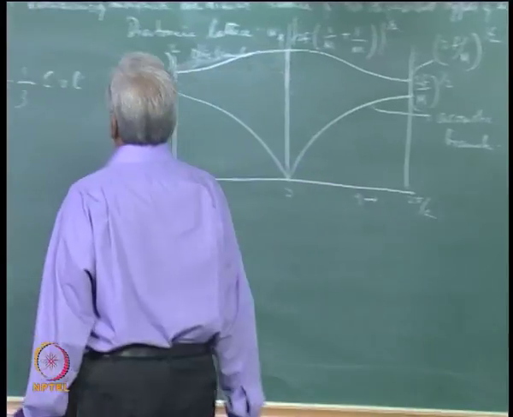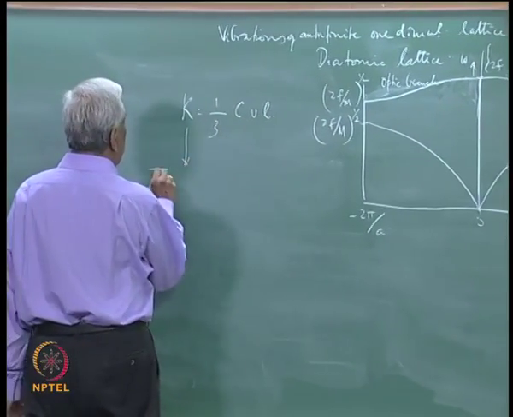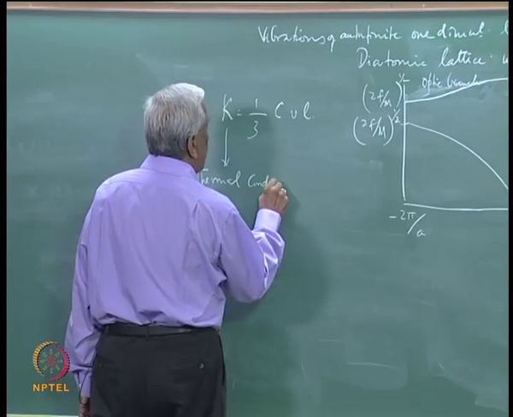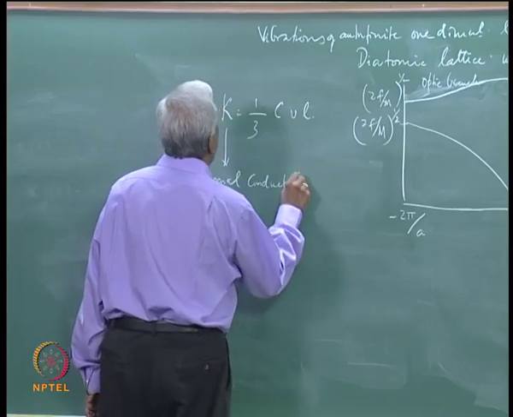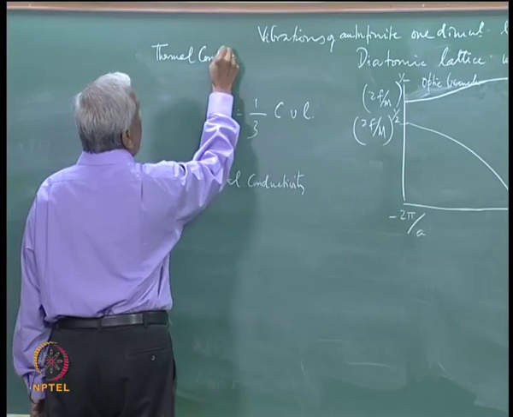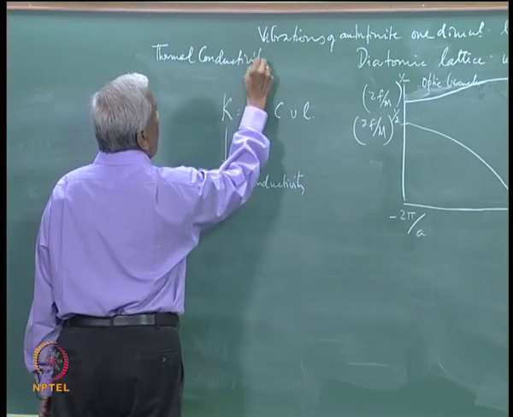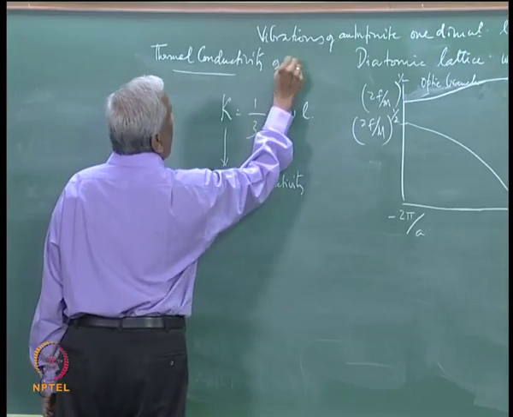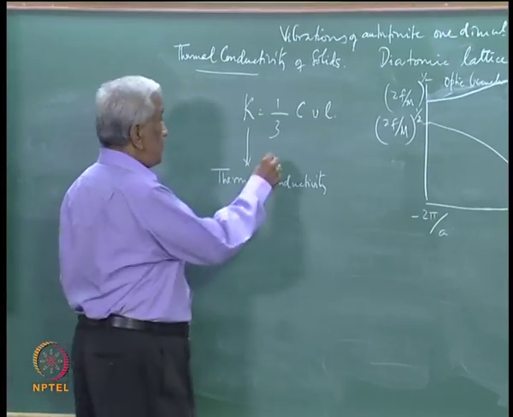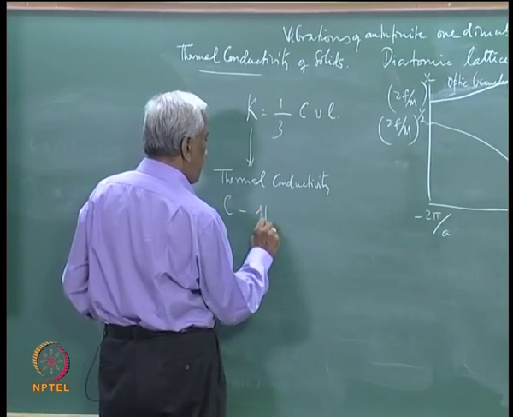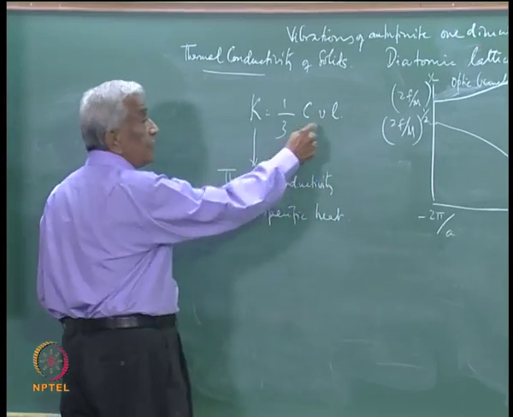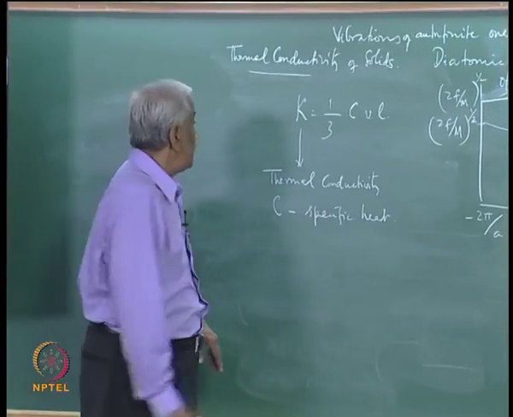Here K is the thermal conductivity, C is the specific heat or heat capacity, V is the speed and L is the mean free path.